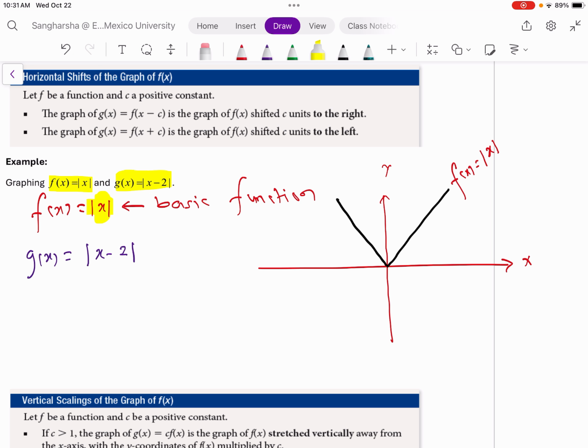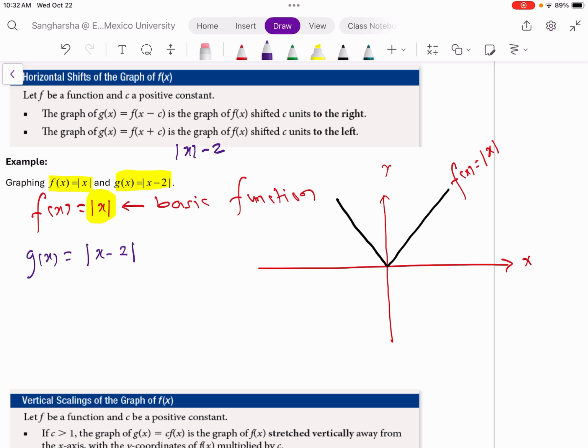What should we do? Do we add a number? Do we subtract a number? Divide, multiply, replace? What do we need to do to get absolute value of x minus 2 from absolute value of x? Do we subtract? Subtracting 2 means absolute value of x minus 2.